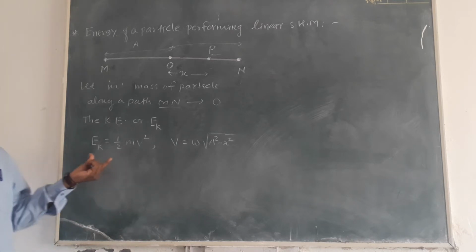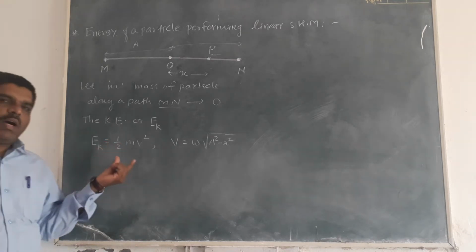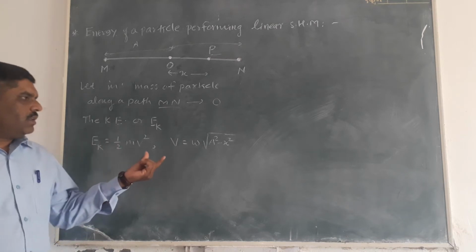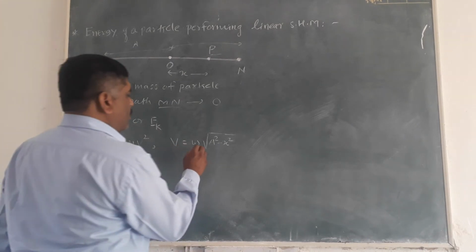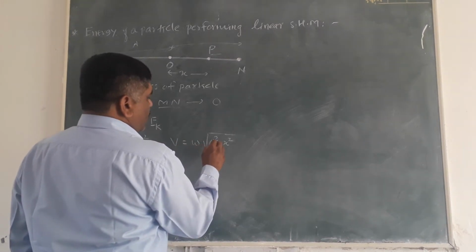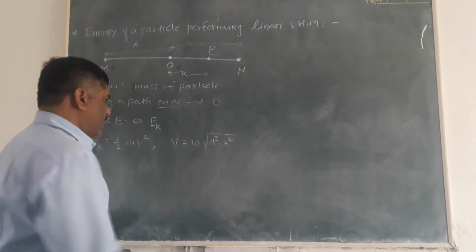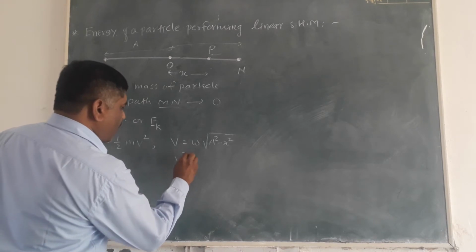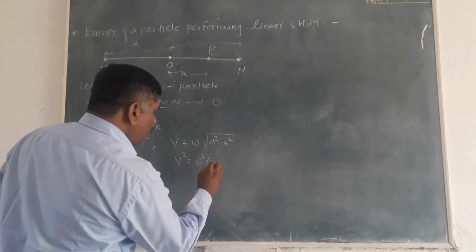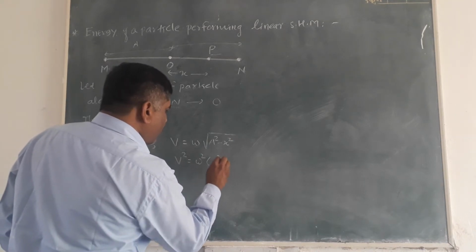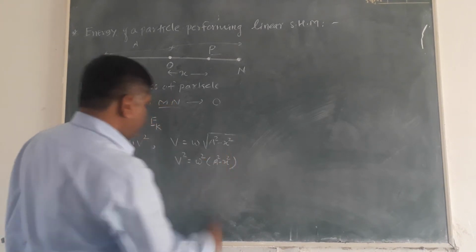The kinetic energy EK is equal to half m v square, but the velocity in simple harmonic motion is v equal to omega under root a square minus x square. Hence, v square is equal to omega square into a square minus x square.